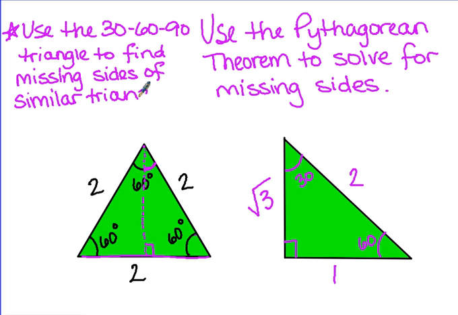All right, remember, a similar triangle is a triangle that doesn't necessarily have the same side lengths, but they all have equal angles. So we're going to use this 30, 60, 90 triangle. We're going to call this our reference triangle.